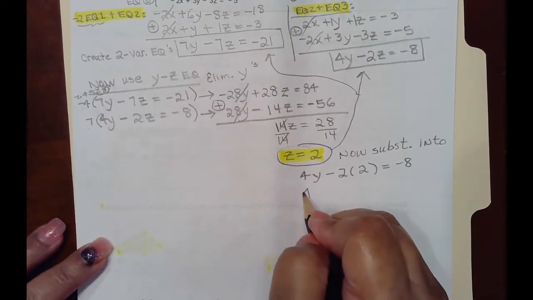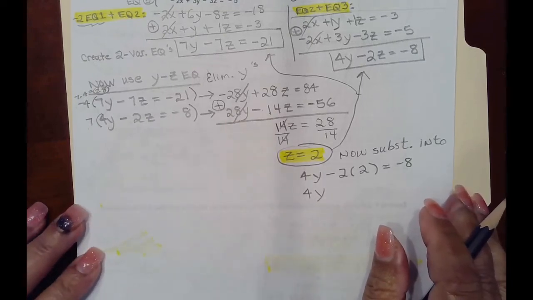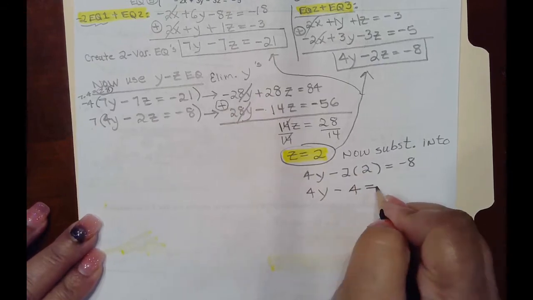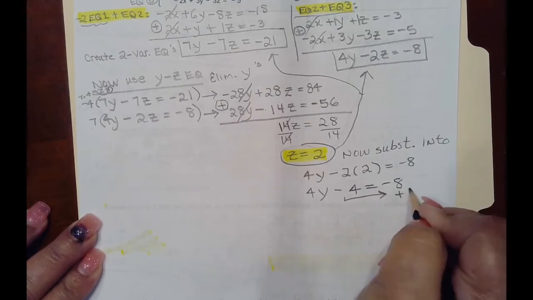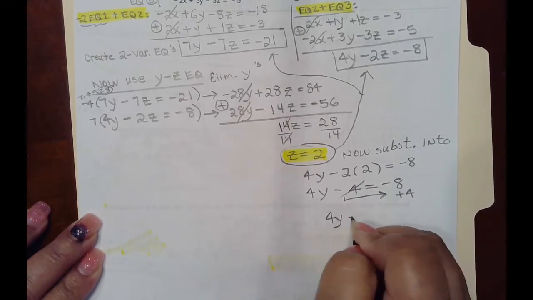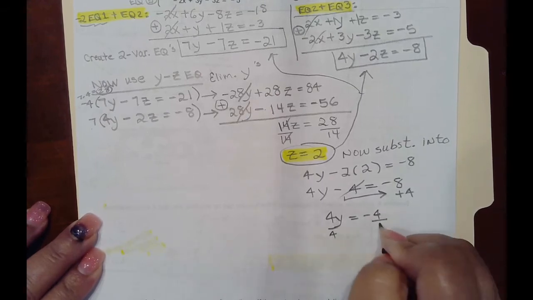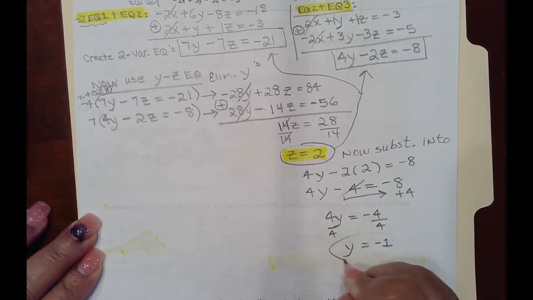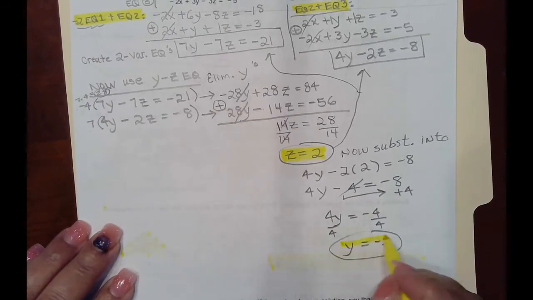Okay, so I'm going to have 4y minus 4 is equal to negative 8. I'm going to bring this over here, at which point it becomes positive 4. So then I'll have 4y is equal to negative 4. Divide off that coefficient of positive 4, and I get y is equal to negative 1. So now I have a second value in this 3-variable system.